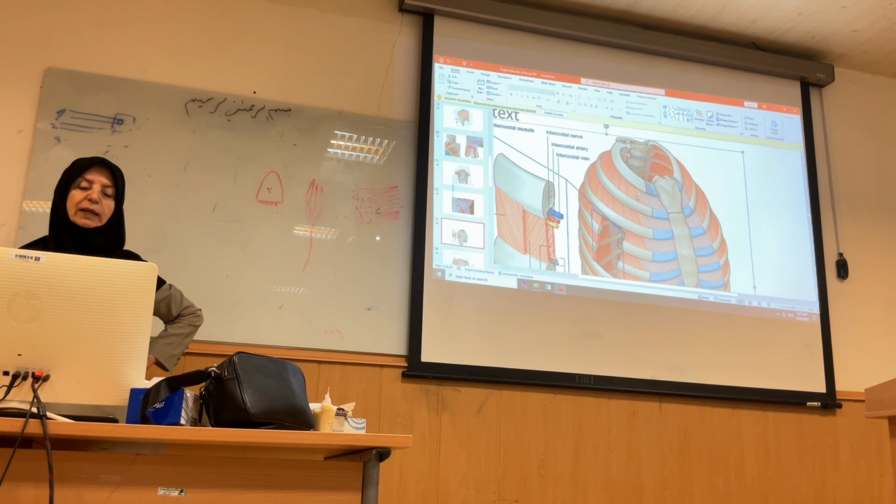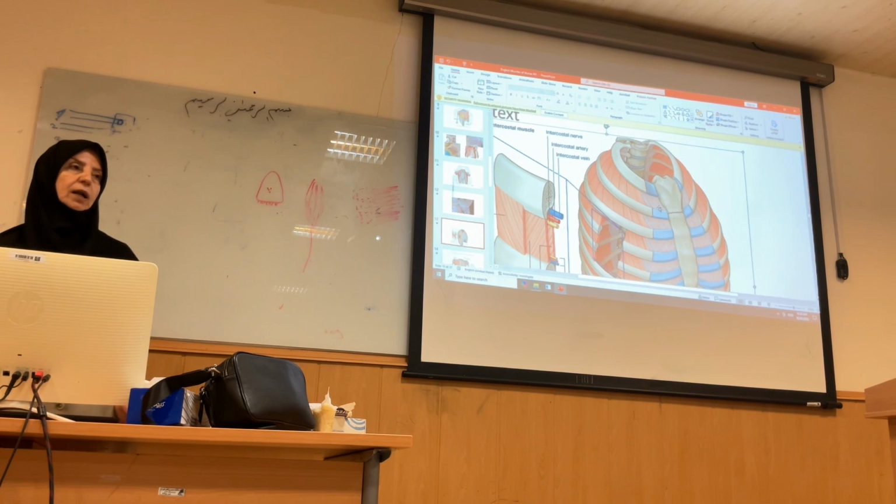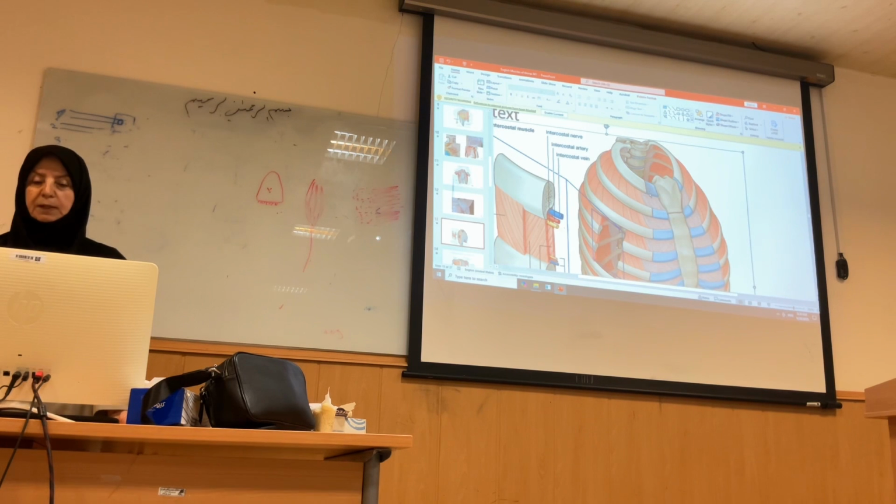It is the continuation of the external intercostal muscle. Because this white sheet between two adjacent costal cartilages near the sternum is a continuation of the external intercostal muscle, we can call it the external intercostal membrane. We can also call it the anterior intercostal membrane. Why can we call it anterior? Because anteriorly it is visible.